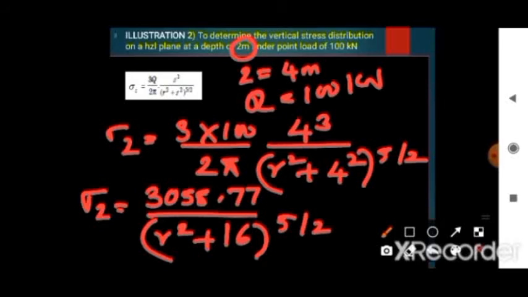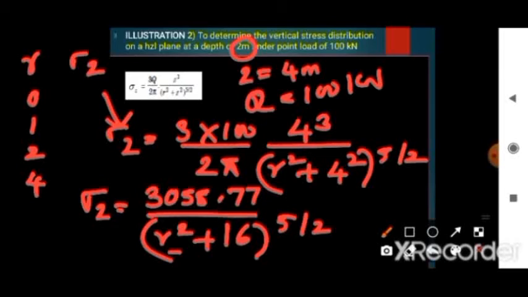In this equation we are going to use the same values of r as previous, so 0, 1 meter, 2 meter, 3 meter and 4 meter, and I am going to evaluate the value of sigma z.